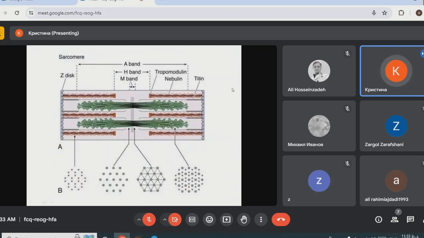Here you can see how these actin and myosin filaments are arranged inside the sarcomere. So the sarcomere is the area of the myofibril between two Z lines or Z discs. Here one and here another one. So this is one sarcomere. The thick myofilaments are attached together in the M line here.